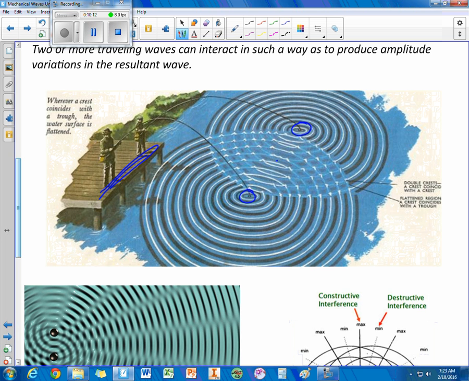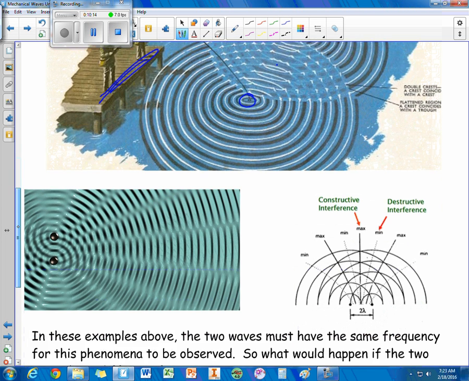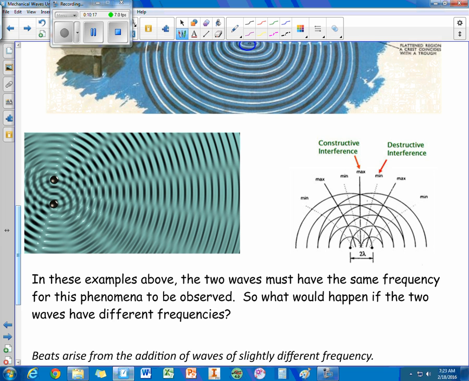We can see it a little bit here, but I think this picture down here makes it a little nicer to see. So imagine that these are those two bobbers right here and right here. And as they interact, notice that we get these regions of constructive interference. But we also get these regions of destructive interference. This is true for all waves.